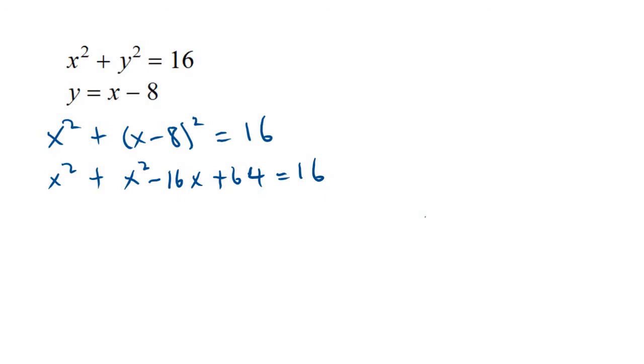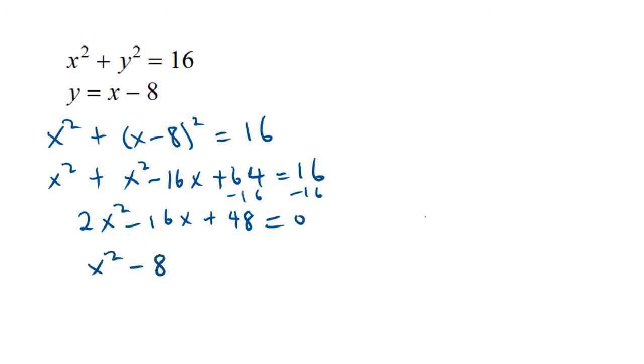Now, if we combine like terms, we get 2x squared minus 16x, and then subtract 16 from both sides, we get plus 48. If we divide each side by 2, we get x squared minus 8x plus 32 equals 0.